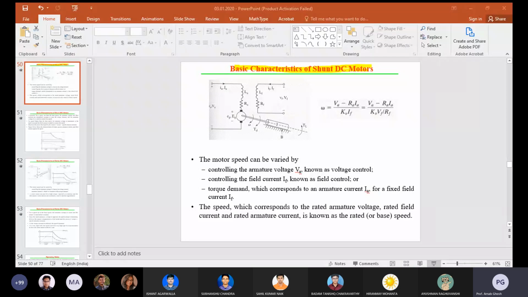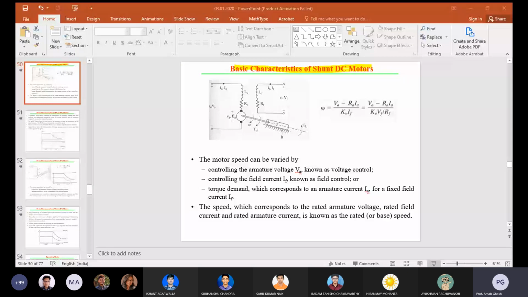EG gradually increases and can reach beyond the terminal voltage of the motor. Here you can see the IA current direction.